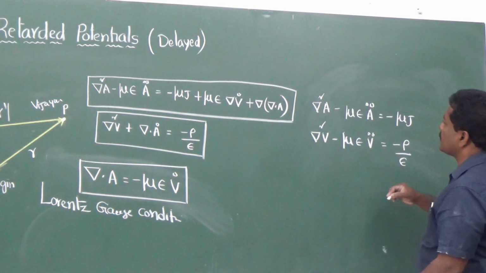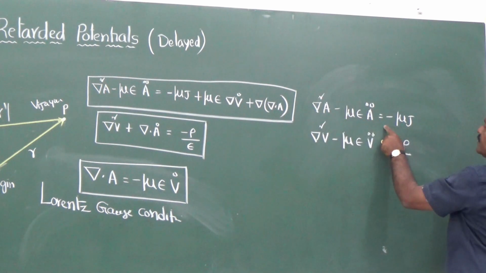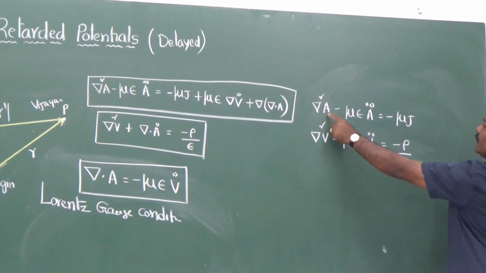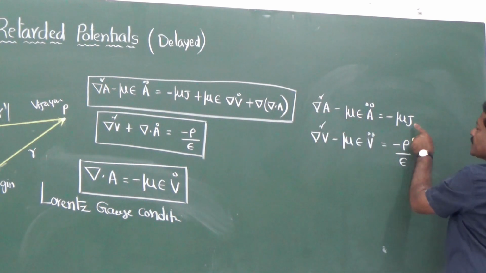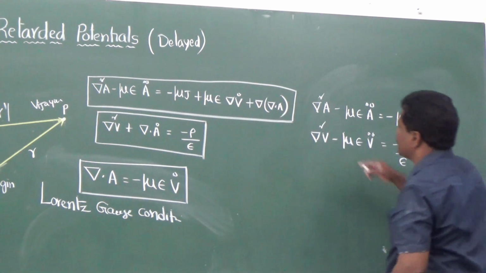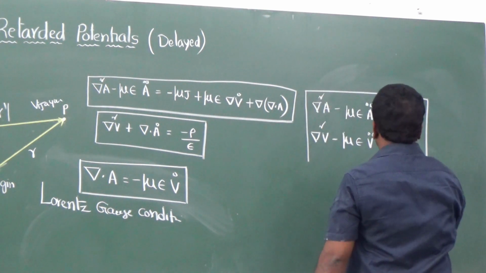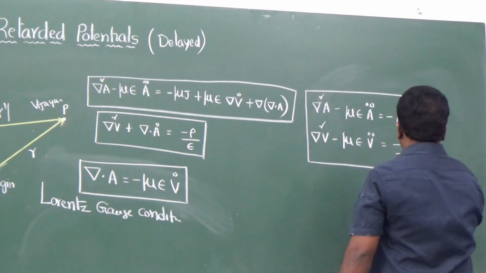So the potentials are related to their sources: vector magnetic potential is related to current density and scalar potential is related to charge density. These are the simplified second order differential equations after using the Lorentz Gauge condition.